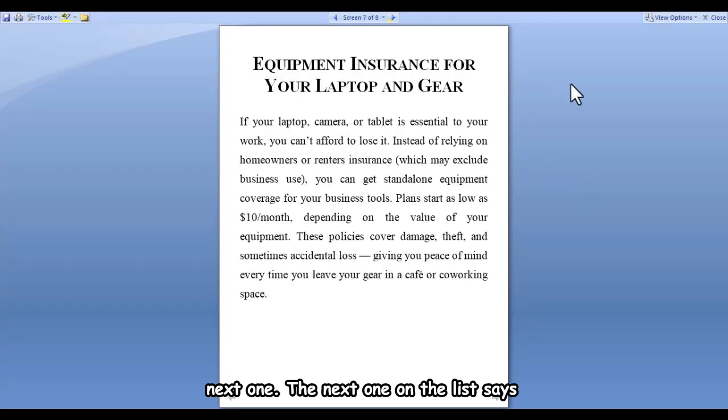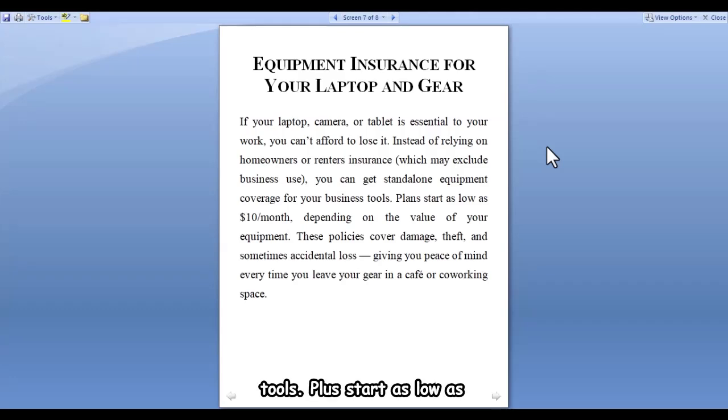The next one on the list is equipment insurance for your laptop and gear. If your laptop, camera, or tablet is essential to your work, you can't afford to lose it. Instead of relying on homeowners or renters insurance, which may exclude business use, you can get standalone equipment coverage for your business tools.